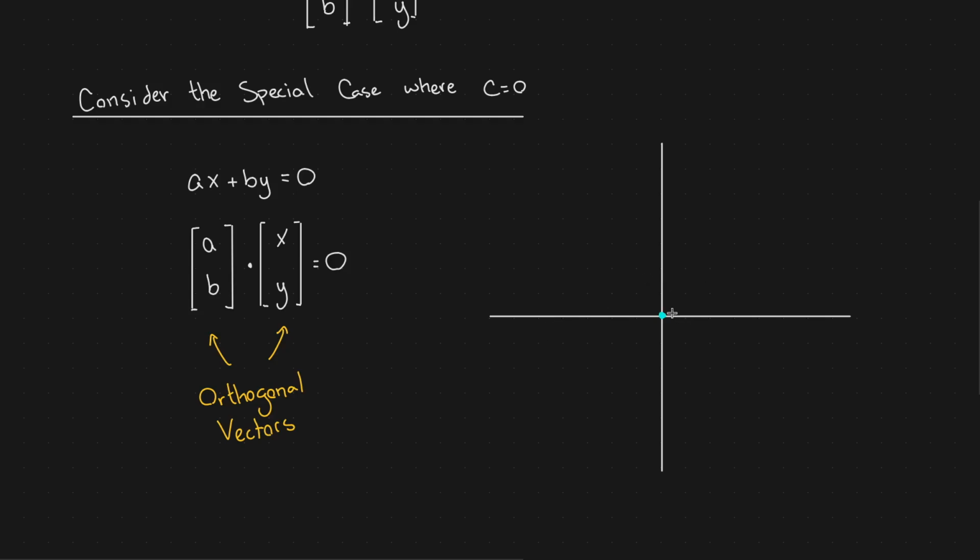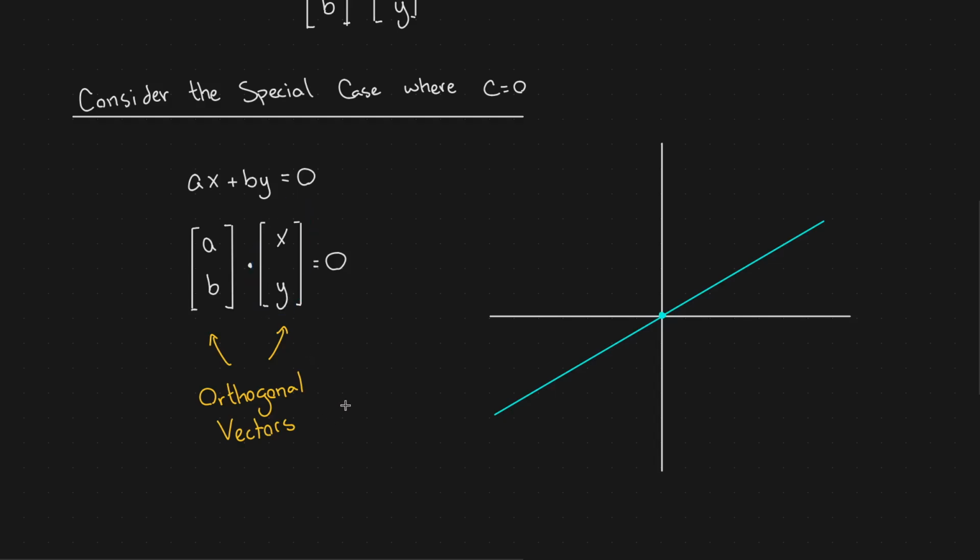Okay? And you can see that if x and y are both 0, clearly it's a solution to the equation, whatever the values of a and b are. So let's say this is the line. Okay?